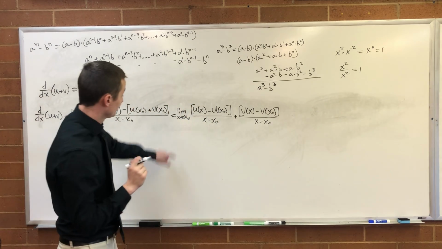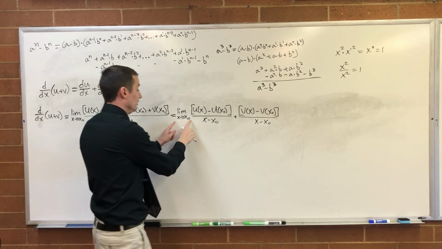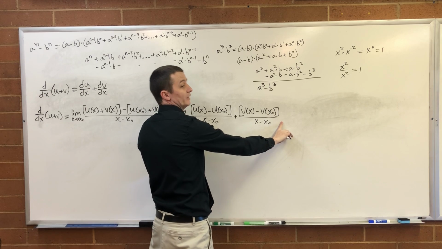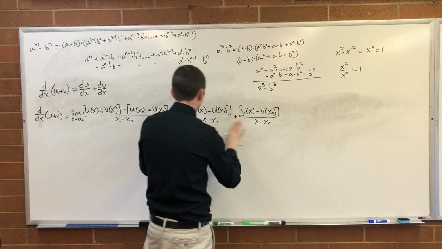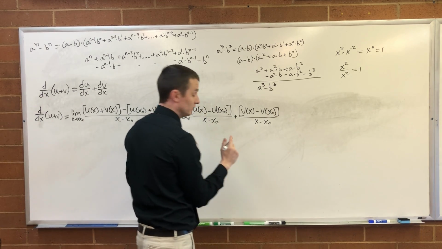Now going back to our rules with limits, we know that a limit of a sum is the sum of the limits. So I can break this up into two separate limits. Okay.